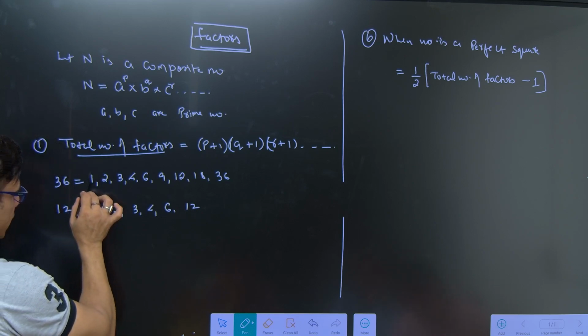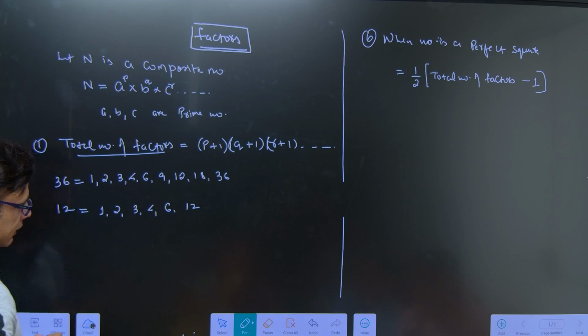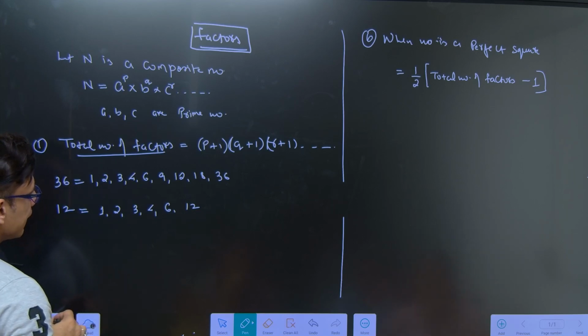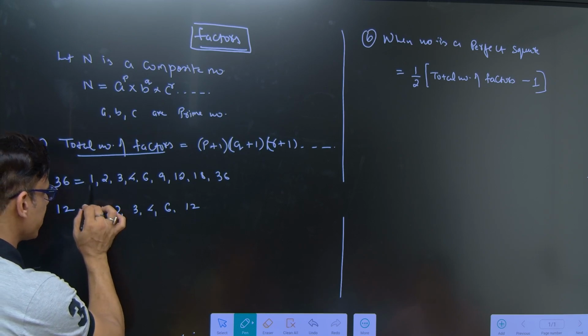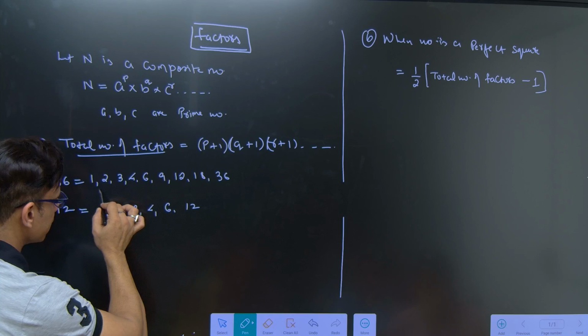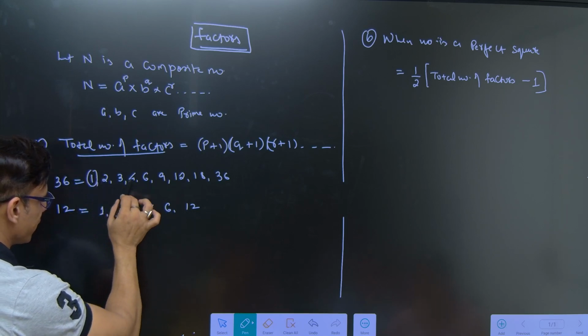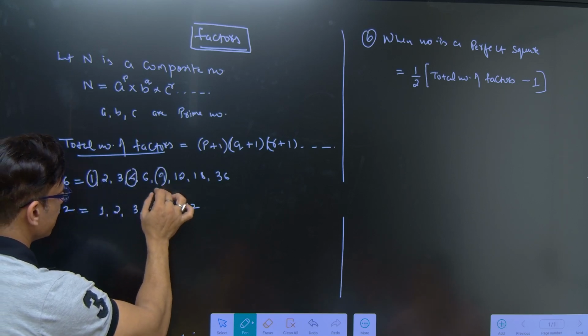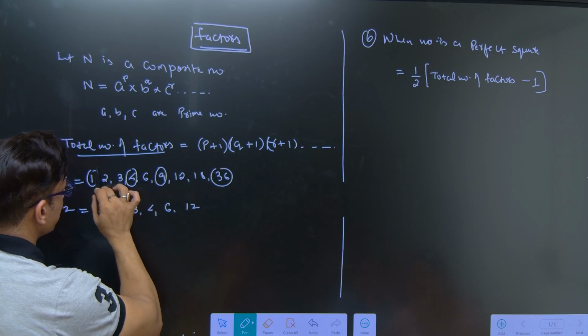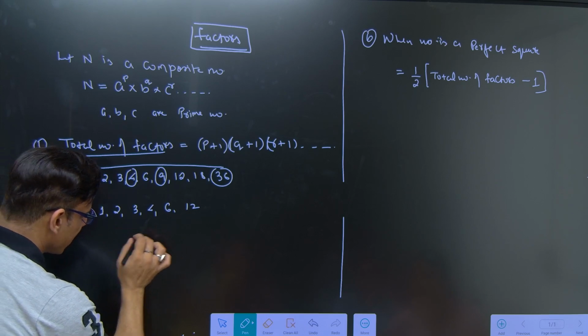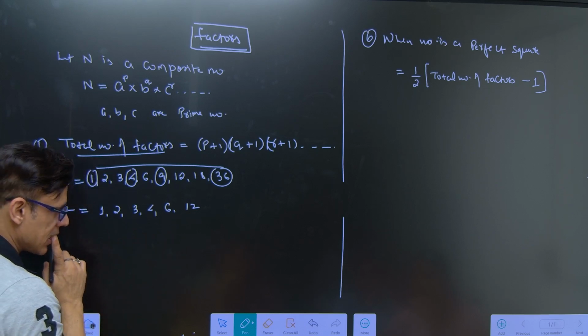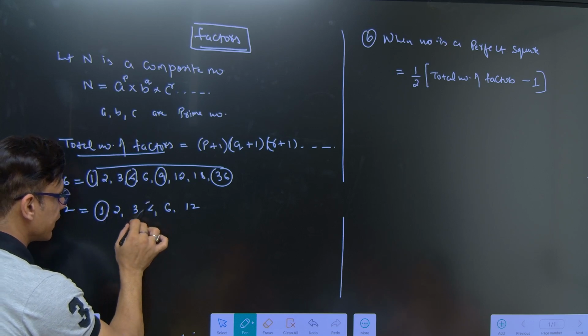In these factors there are some which are perfect squares. 1 is always a perfect square. 4, 9, so how many perfect squares do we find in 36? 4. And how many in 12? One is 1 and the second is 4.